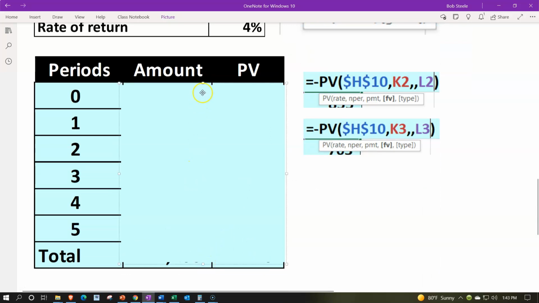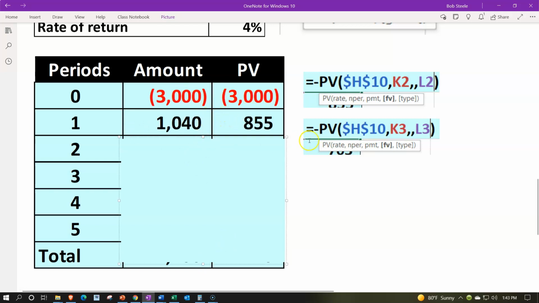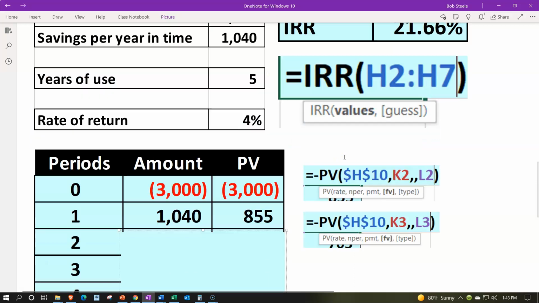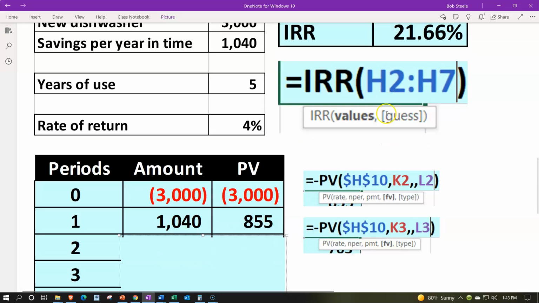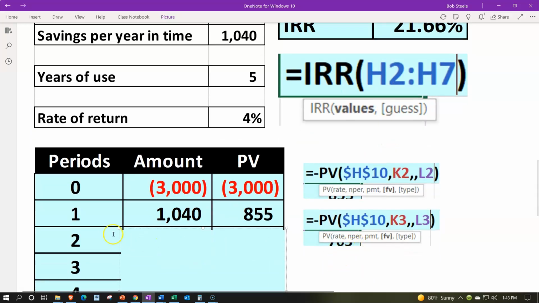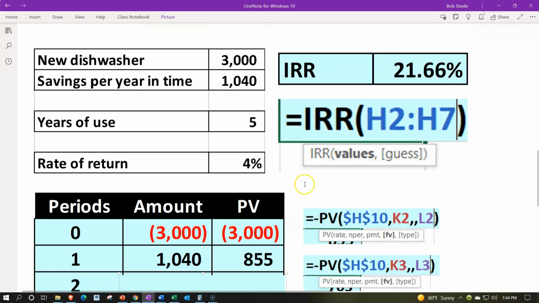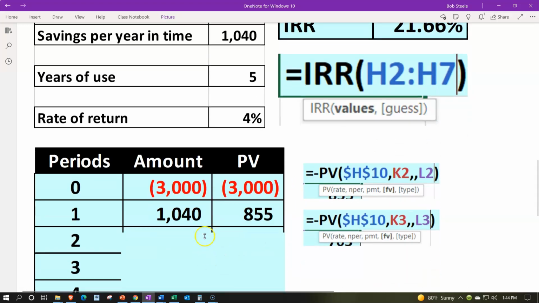So in other words, if I was to take this first one, we'd still have the 3,000 because we're at time period 0. Second one, we're going to say present value, the rate now, 21.66%, comma, number of periods 1, comma, because we don't want an annuity present value of 1, so we have the future value of the 1,040, the 1,040 discounted back at 21.66%, 855.